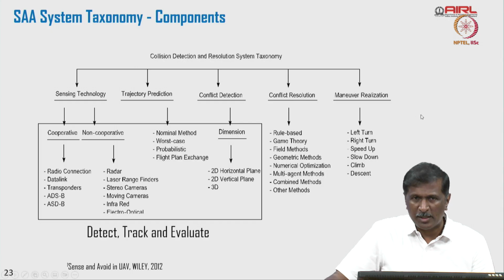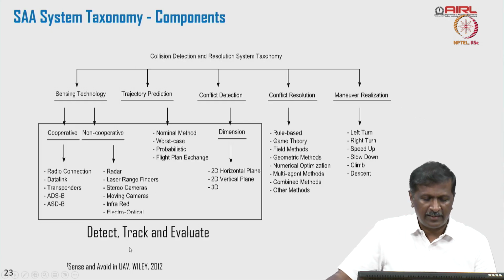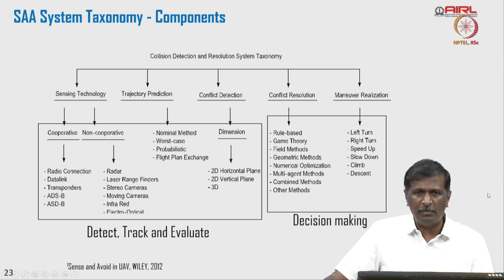But from the perspective of sense and avoid, the sense part, detect, track and evaluate, takes care of the first three components of the SAA system. And your decision making capability, that is the avoidance part, takes care of the next two components of SAA.